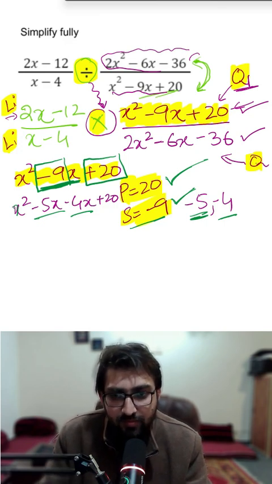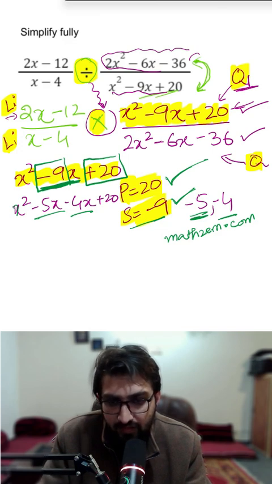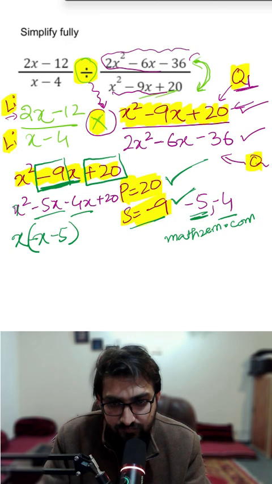If you are facing a problem in the factorization method, I would suggest you to go to mathzem.com and learn. You can take the algebra course and you can learn all these concepts. So I will get the terms, which is x minus, I will take x common, so it will become x minus 5, minus 4 common, so x minus 5. So it becomes x minus 5 and x minus 4.